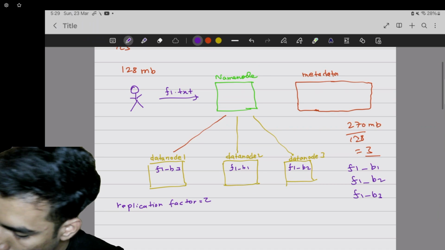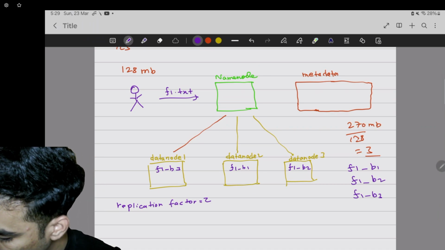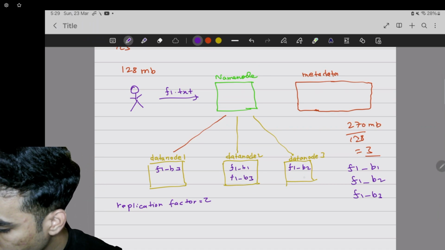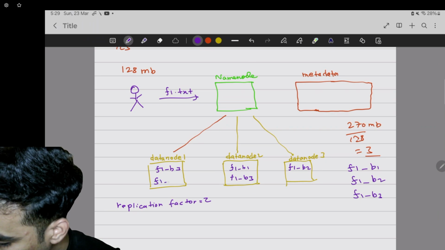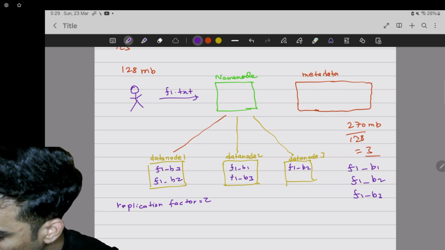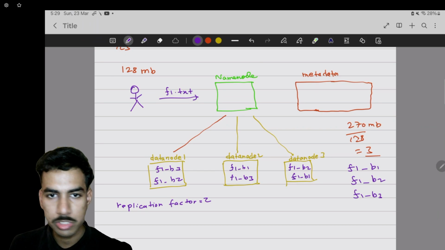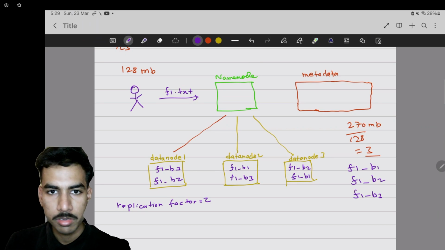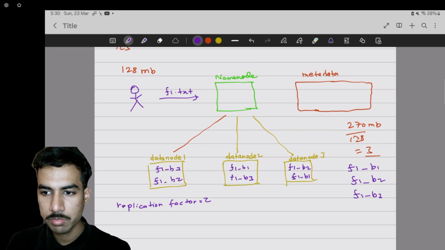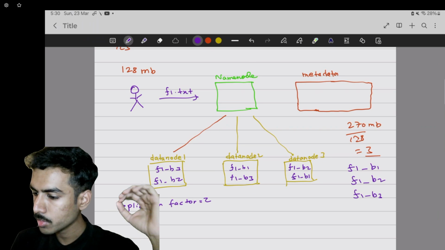So this would be replicated. Let's say f1_b3 got replicated here, f1_b2 got replicated here, and f1_b1 got replicated here. So 2 copies for each block of our file, right?